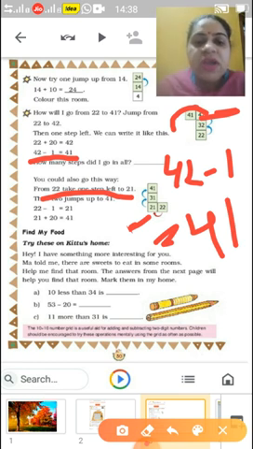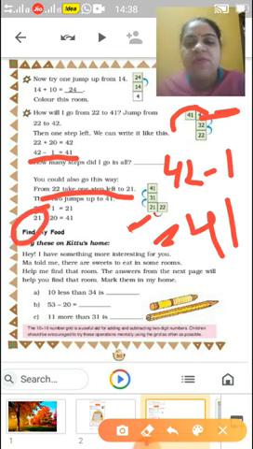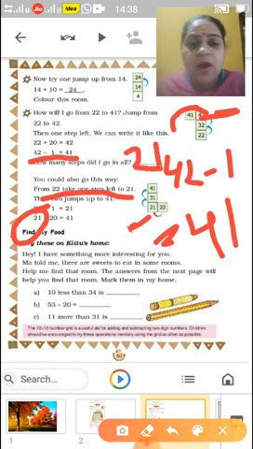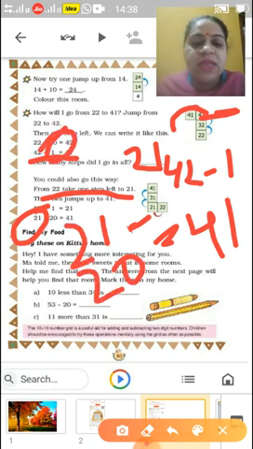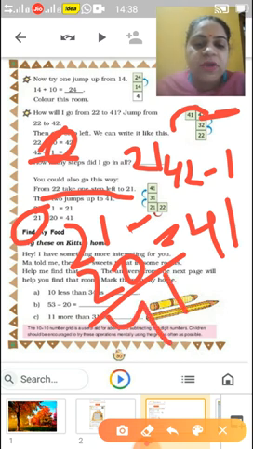So children, from 21 to 41 when he was going, how many steps will he take? Yes, 21 steps. How? If he was jumping from room 20, then also we can do 21 steps plus 20, that will become 41.